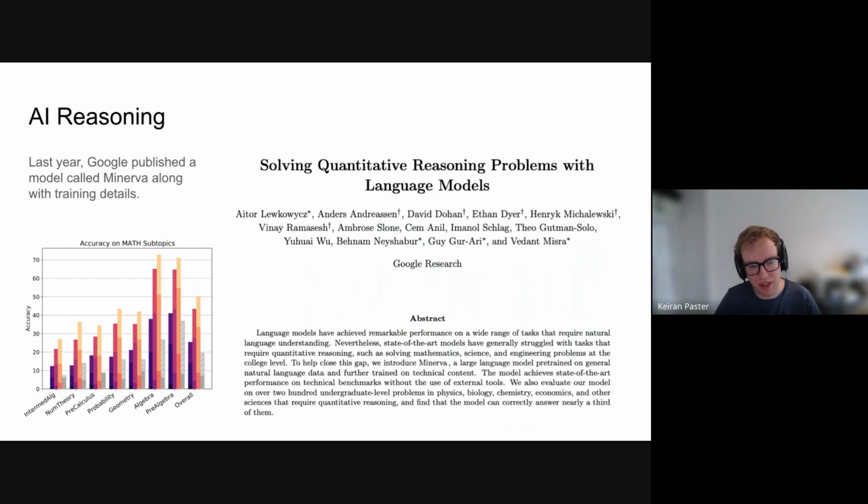They evaluated it on a bunch of undergraduate or high school level math, physics, bio, etc. questions, and this model performs extremely well. And unlike GPT-4, there are actually a lot of details published about how Minerva was trained, and basically the recipe that was used to train Minerva.